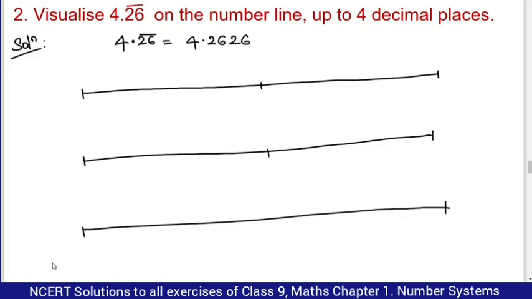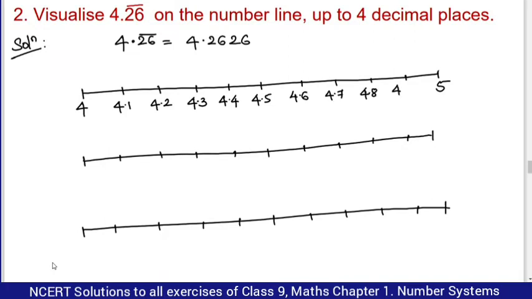Then draw number lines. First, 4.2 is present in between 4 and 5. So in the first number line, endpoints are 4 and 5. Other lines mark it as 4.1, 4.2, 4.3, 4.4, 4.5, 4.6, 4.7, 4.8, 4.9, 5.0.